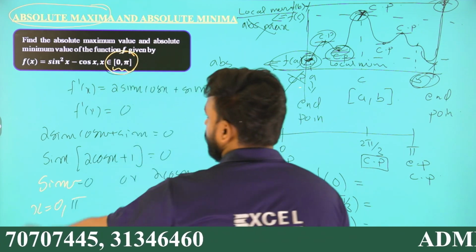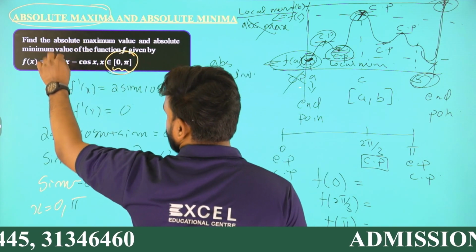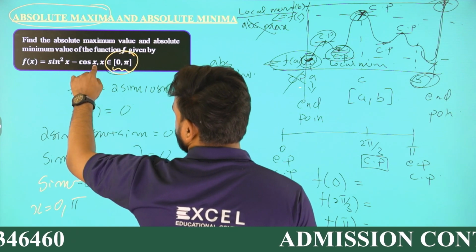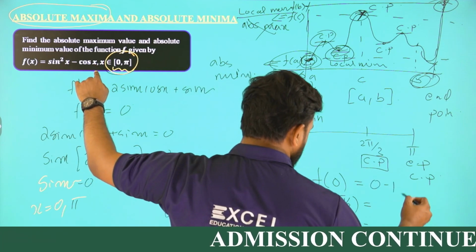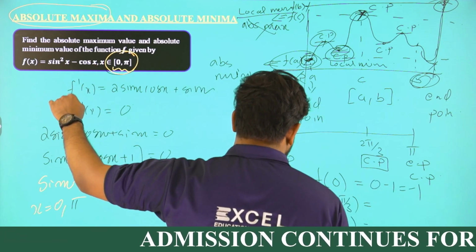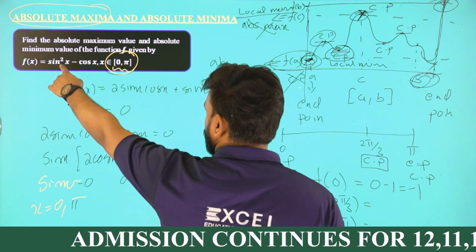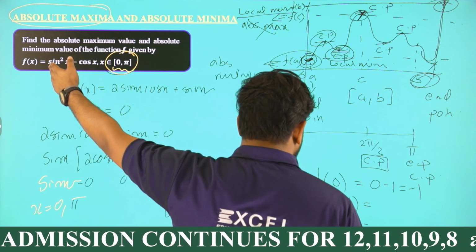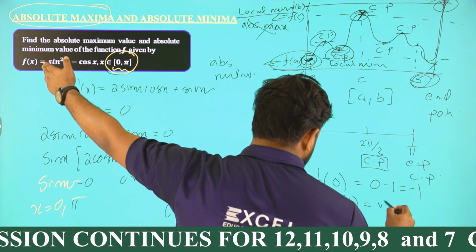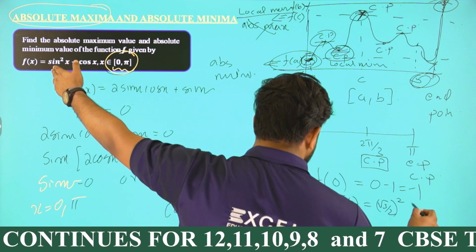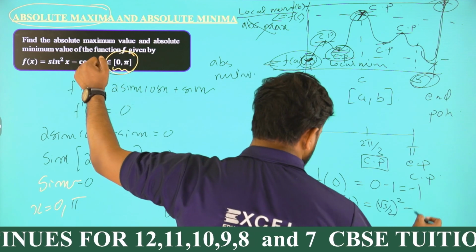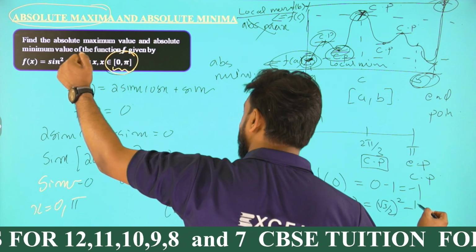What is f of 0? When you put 0 in this value, sin 0 is 0, cos 0 is 1, 0 minus 1, you will get minus 1. For 2 pi by 3, sin 2 pi by 3 will be root 3 by 2, the whole square, minus cos 2 pi by 3, which is negative 1 by 2.